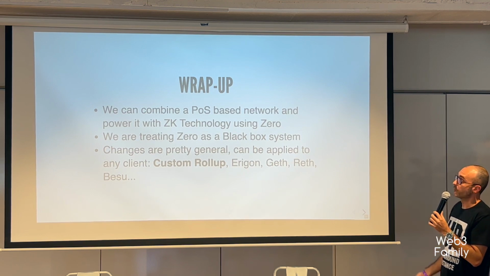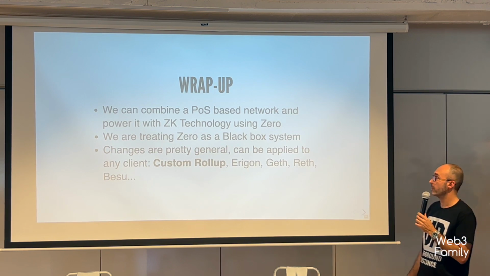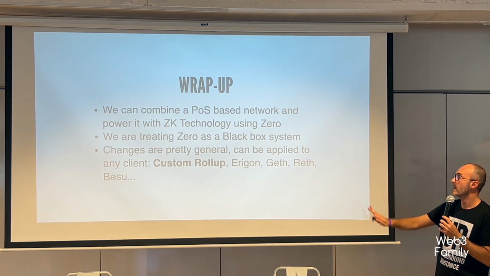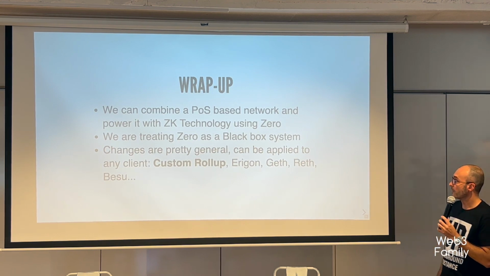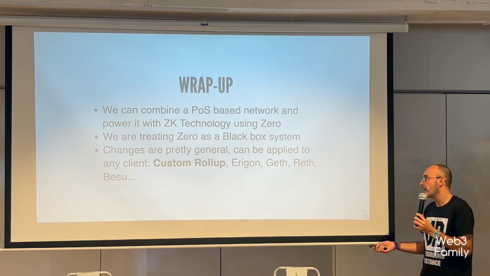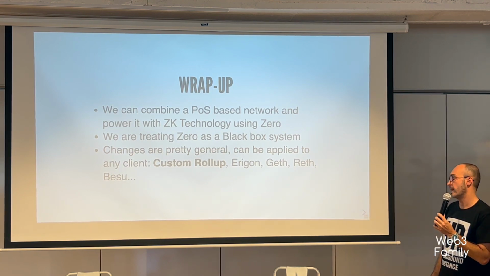For that, we are treating Zero as a black box system in this case because we don't need to know the details of what the prover is doing. We are implementing the changes on the side of the client, and it's pretty general. We hooked it into Edge, but it can be hooked into any blockchain client. Actually, I think we are going to do it.